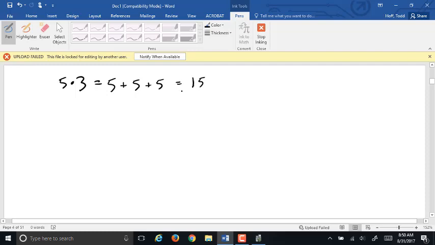And if we think about it in that way, if I do negative 5 times 3, well, that makes perfect sense. I'm going to take that negative 5 and I'm going to repeat it 3 times. I'm going to add 3 of them together. So negative 5 plus negative 5 plus negative 5, which is negative 15.